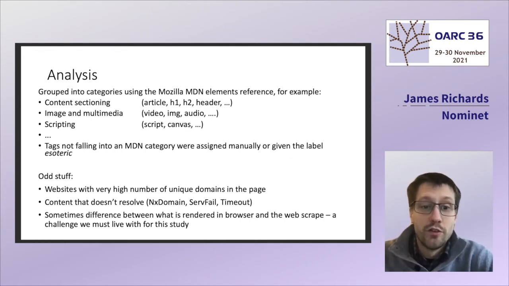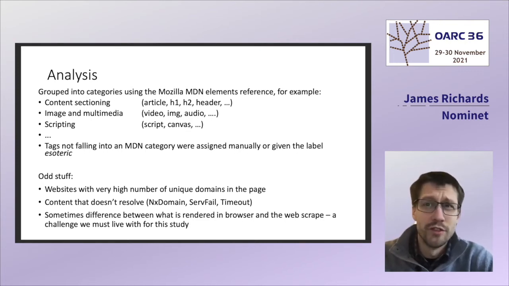But there is a lot of odd stuff, as I'm sure you'd expect, working with internet scraped data. There's a lot of esoteric tags for niche website content. I found some augmented reality frames, which I've never seen before, which were pretty cool. There's a lot of websites with a high number of unique domains. There's a whole variety of reasons this is the case, but they do exist out there, and they popped out quite quickly when I was doing the analysis.